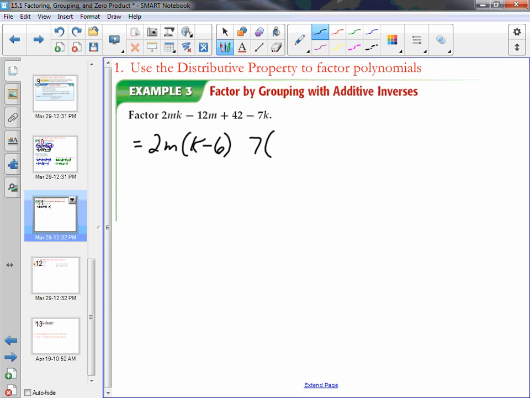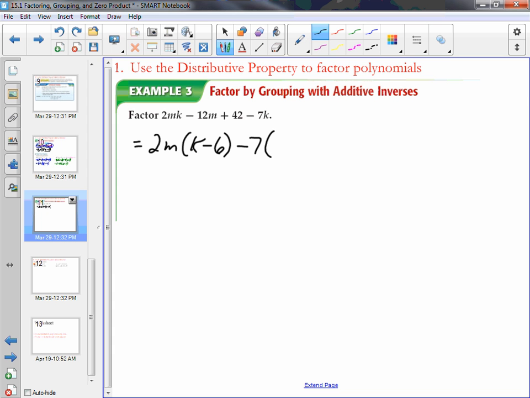If I do a positive 7, what's 42 divided by positive 7? 6. And negative 7k divided by positive 7? Negative k. Is that what I want? Is 6 minus k the same thing as k minus 6? No.